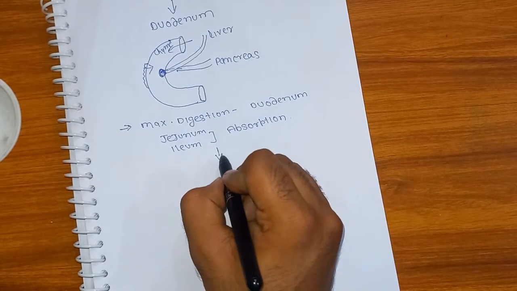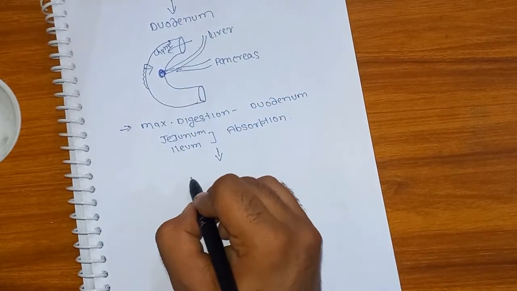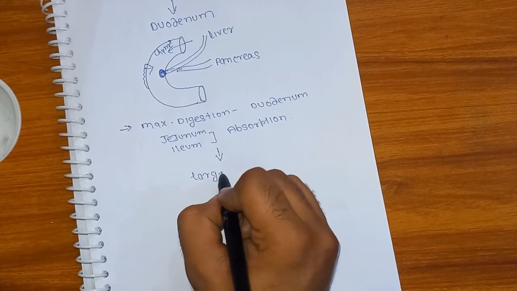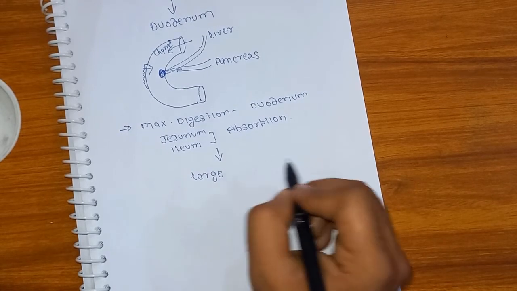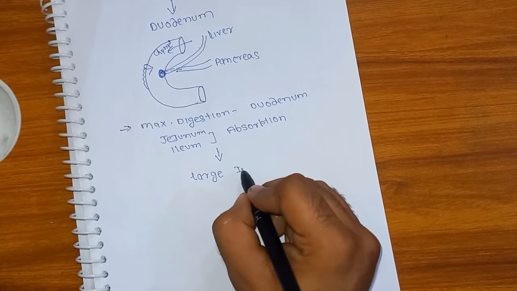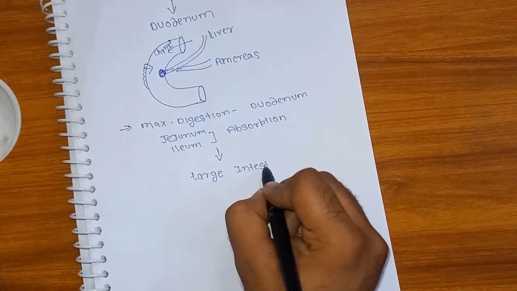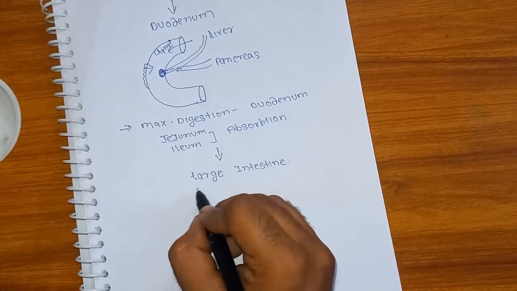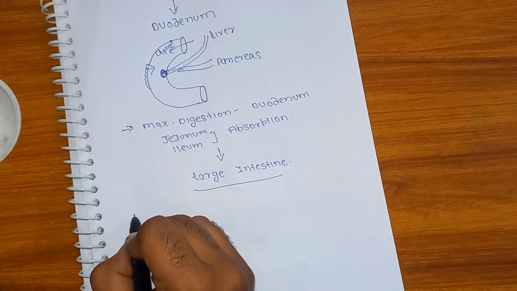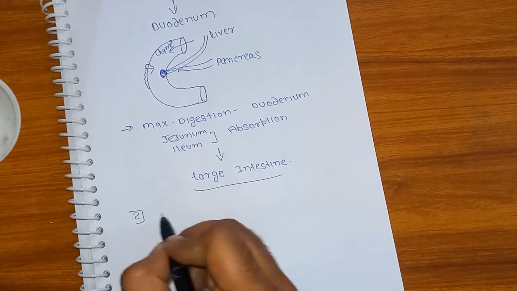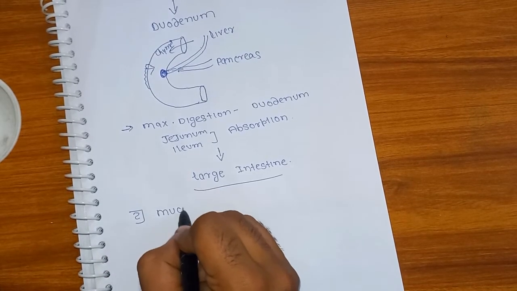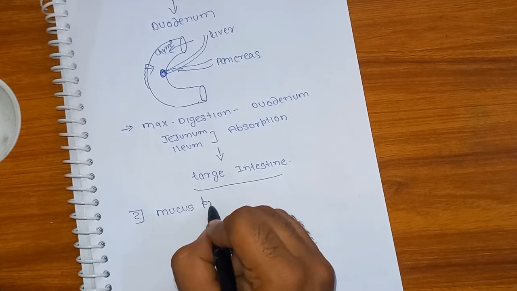Now from there, this food enters into the large intestine. In the large intestine, you have to remember there are two main functions. One is mucus production.